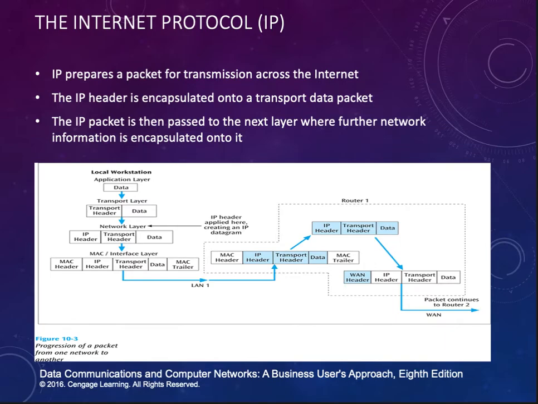Over here we see the progression of the network from application layer, transport, network, interface layer, and basically to the router and to the web. As the data progresses, more headers are being introduced, either from the start or to the end.